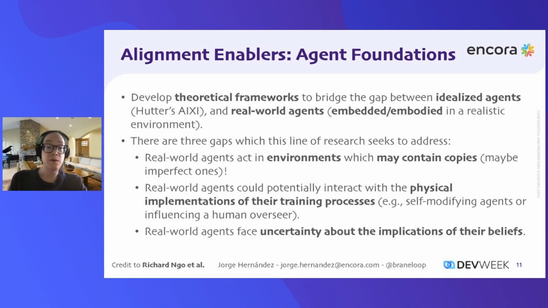And real world agents, which probably will be embedded or embodied in realistic environments, since we actually want to deploy them and use them to solve problems all over. There are three gaps which this line of research seeks to address. First of all, real world agents will act in environments which can contain copies of themselves or very similar agents.